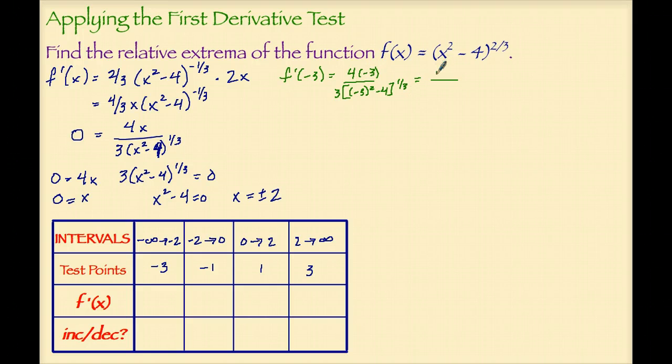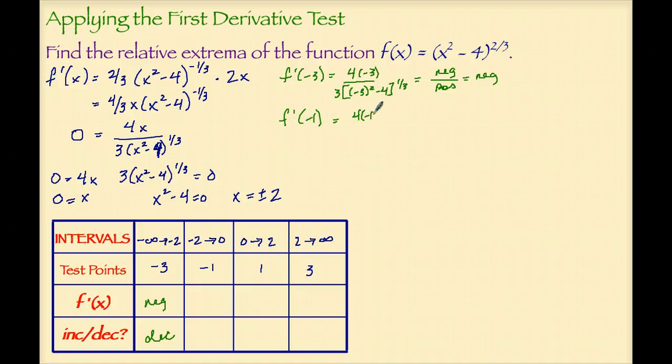This is negative 12, so it's going to be negative in the numerator. In the denominator, 9 minus 4 is 5 to the 1/3 power, some positive decimal times 3, a positive number. That means we get a negative value at negative 3. The interval is decreasing.